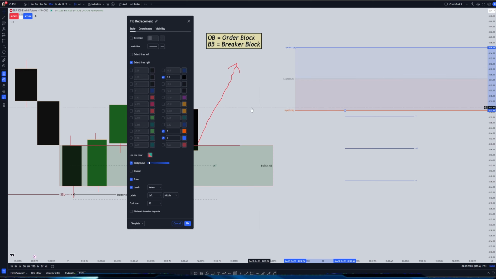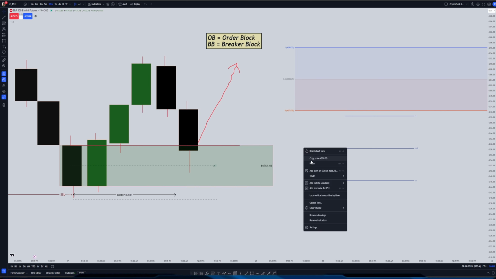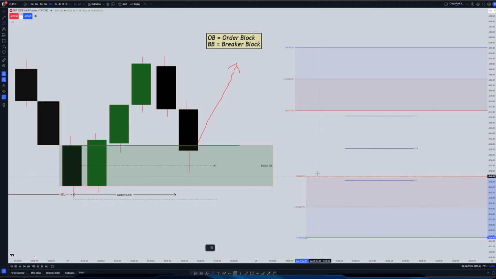And then once you're done with your fib retracement settings the way you want to make it look, go to template, go to save as, or you can write whatever you want, like measure levels or something. You save it. Once it's saved, let's say I have other settings as well for the fib.